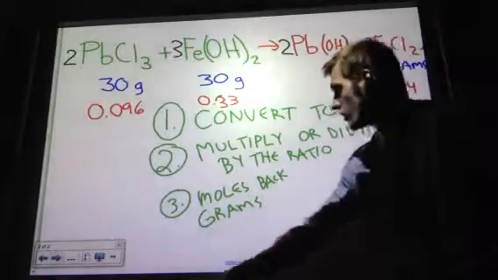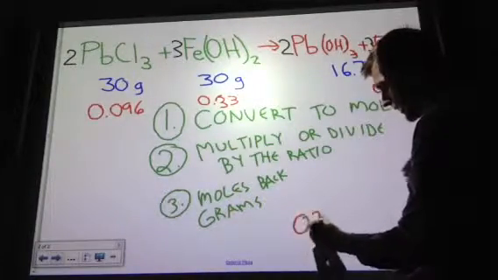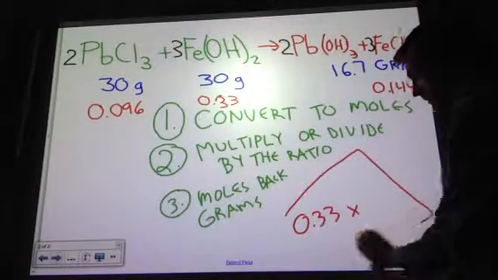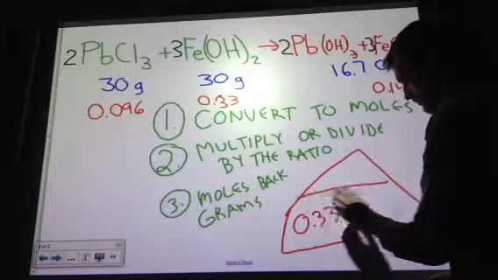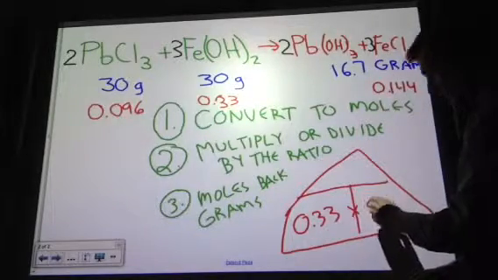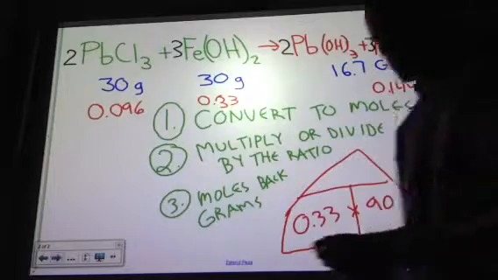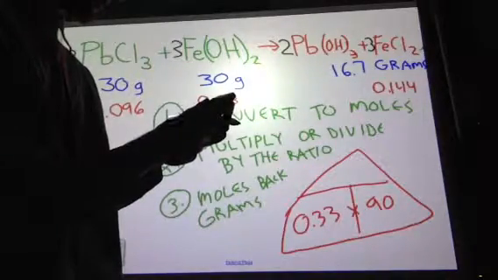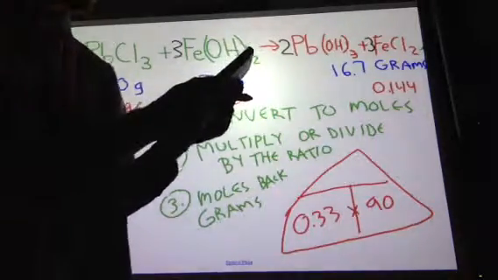So we have 0.33 on the bottom times the atomic mass, we're doing the triangle. Okay, atomic mass of this, which was 90, right? I believe it was 90. 56 plus 35 plus 35, no, it's 126.